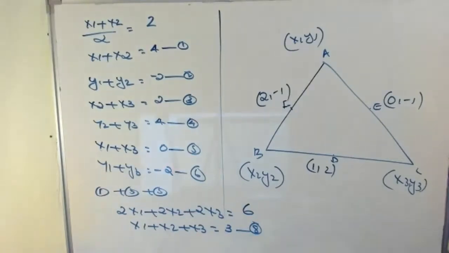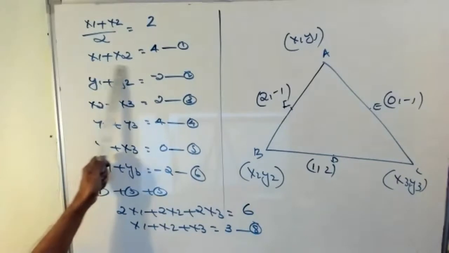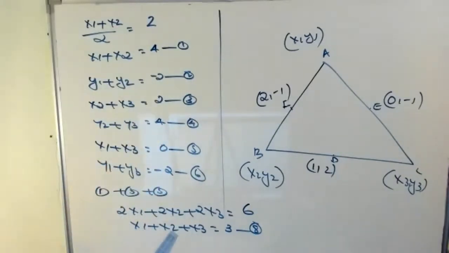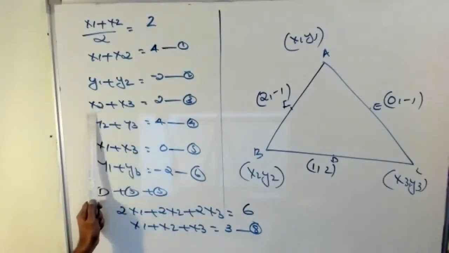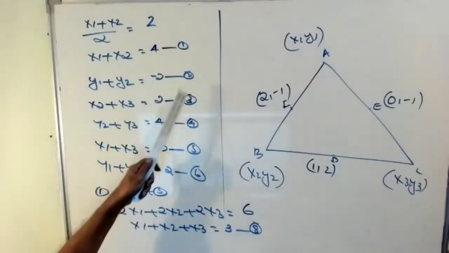Now look here. You have to try. 1 and 8. What is that? x1 plus x2 is 4, so 4 plus x3 equal to 3. You will get x3. Give this x3 here, you will get x2. Give x2 here, you will get x1. Clear or not? Add 1, 3, 5.